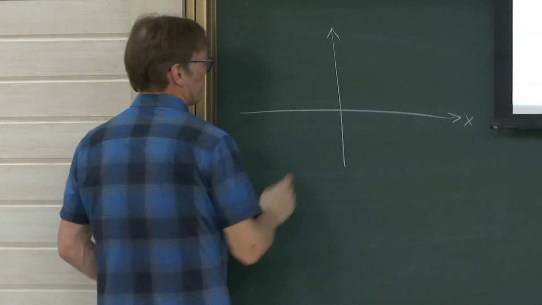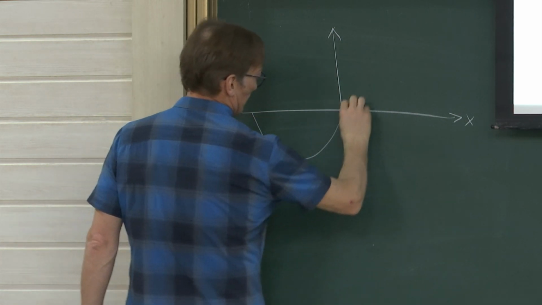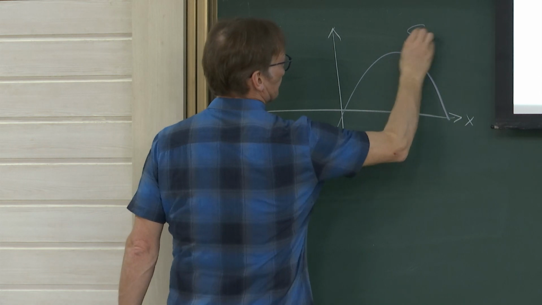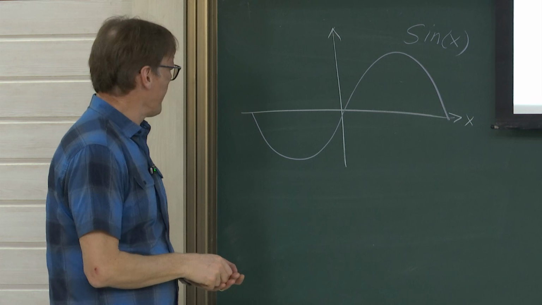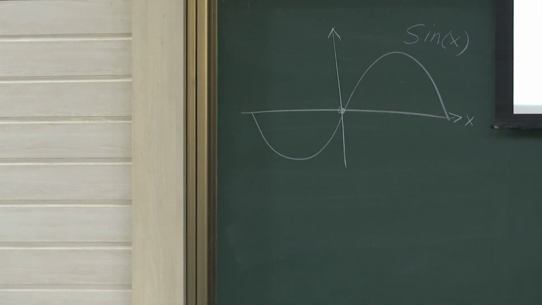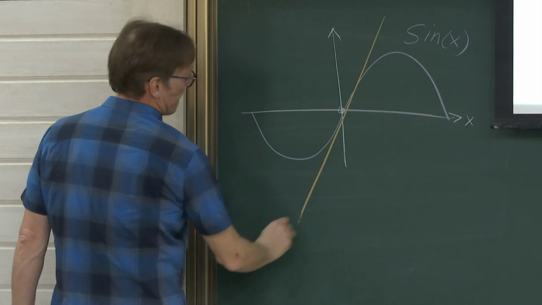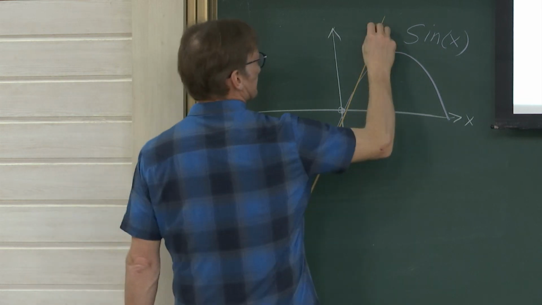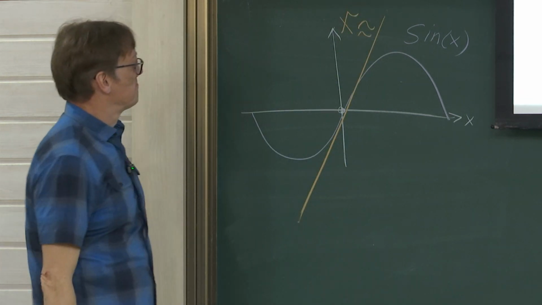So if I look, for example, at this would be sine of x, then around the origin, around this point here, sine of x is approximated very well by a linear function. So sine of x is approximated by x.